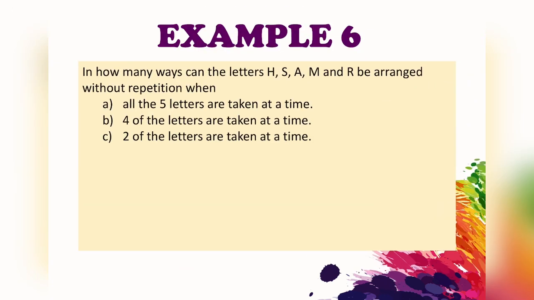For example 6, in how many ways can the letters H, S, A, M and R be arranged without repetition? Without repetition means each can only be used once. For part A, all the 5 letters are taken at a time, so we need to arrange all the 5 letters.